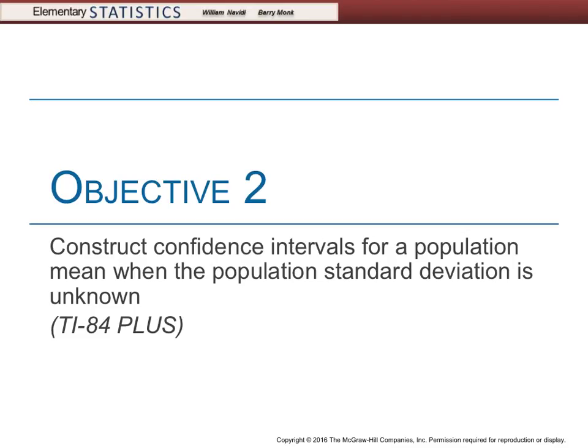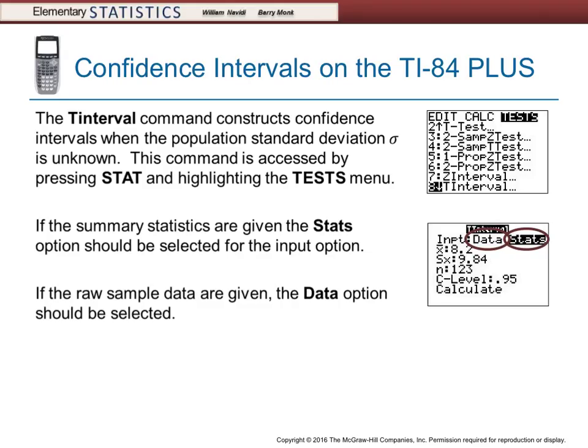Our second objective is to construct a confidence interval for a population mean when the population standard deviation is unknown using the TI-83 or 84. So when we use our calculator, we're going to use something called the t-interval command in the stats test area.